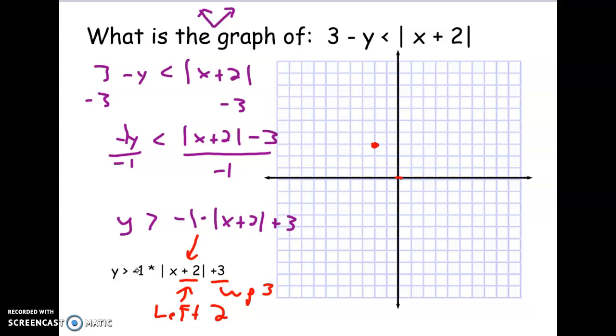Okay, and then this negative 1 in front means instead of a V going upwards, we're going to draw a downwards facing V. Okay, and also I'm going to try and remember this time, this is going to have to be a dashed V because there's no equal to on the bottom of this. So I'm going to draw a dashed V going down with a slope of 1.